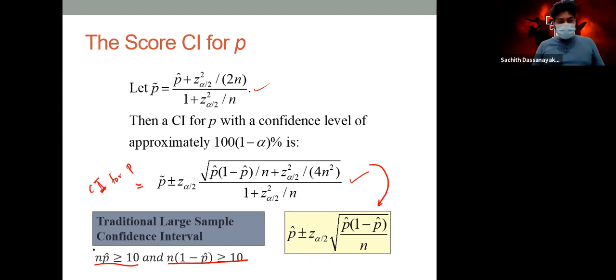So what are those two assumptions? n times P hat, because we are talking about P hat, the sample proportion, greater than 10, and n times 1 minus P hat greater than 10. Those are not exactly what I told you in the normal distribution part. This is a separate one, because we are talking about population proportion and sample proportion.